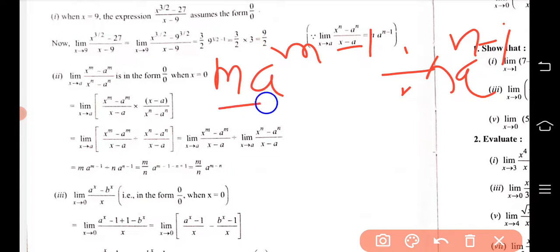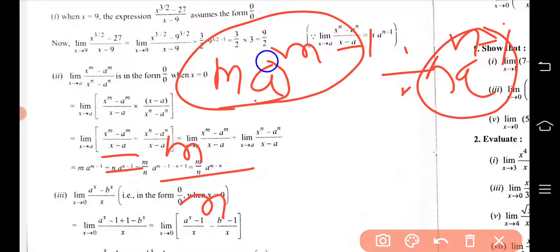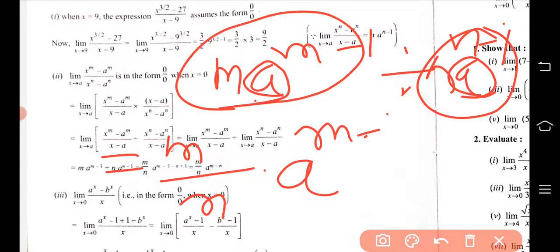So for this notation we can solve this one in this way. This is m divided by n, and here the base is the same. So if the base is the same, according to your exponent formula, this is m minus 1 and minus, we can take, n minus 1. Clear?